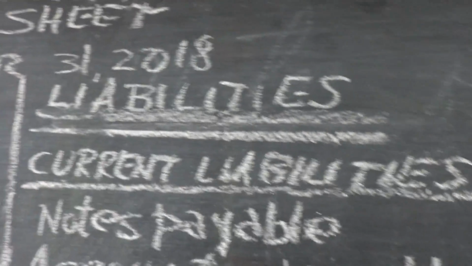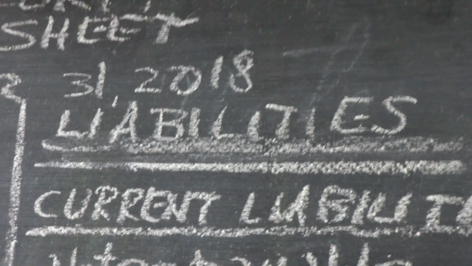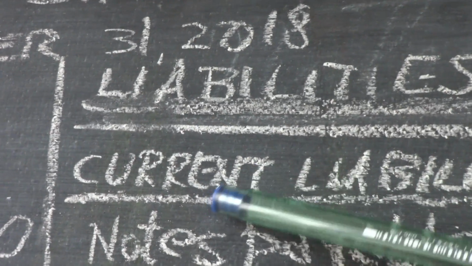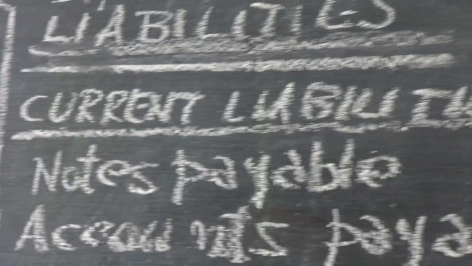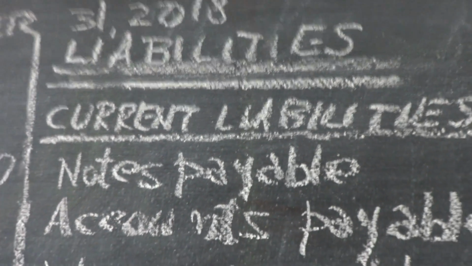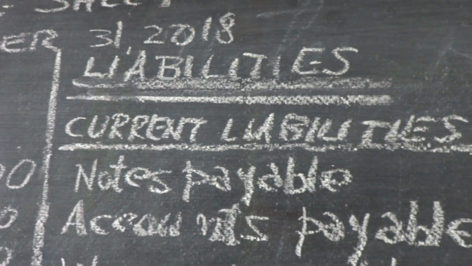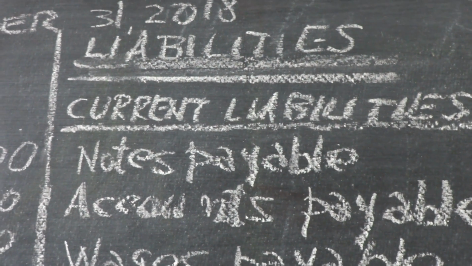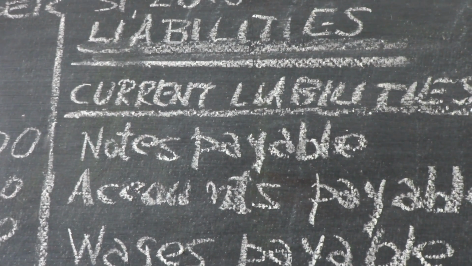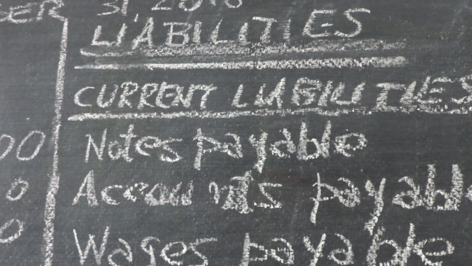Now let's see the liabilities. Inside the liabilities we have the current liabilities. The current liabilities are the debts the Bright company has to pay to banks, creditors, or third persons in less than 1 year.